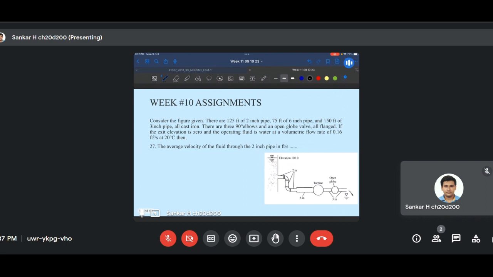Next, we have to find the average velocity, which we have been doing till now, which is Q by A. And this will be equal to 0.16 feet cube per second divided by pi times (2 by 12) in feet squared, divided by 4.